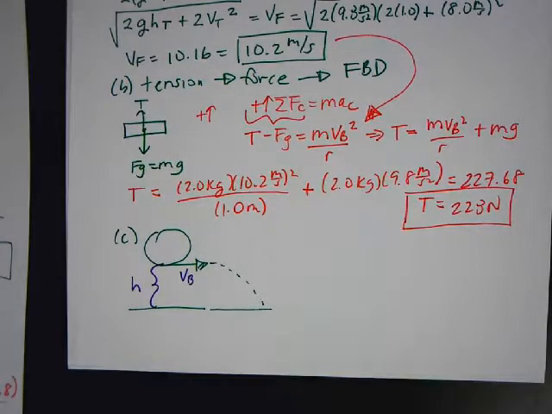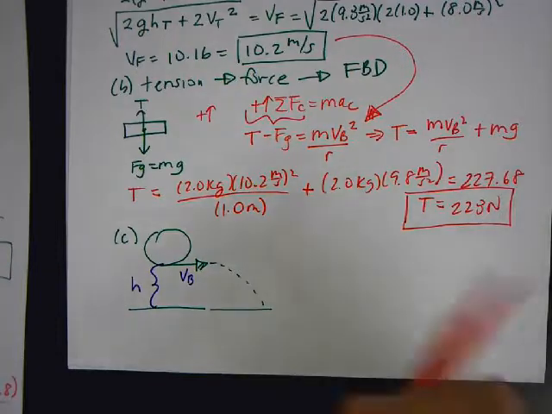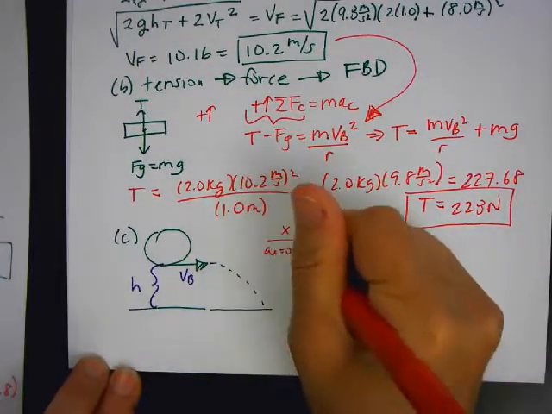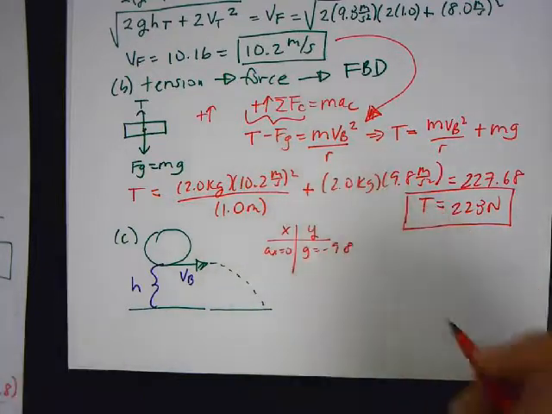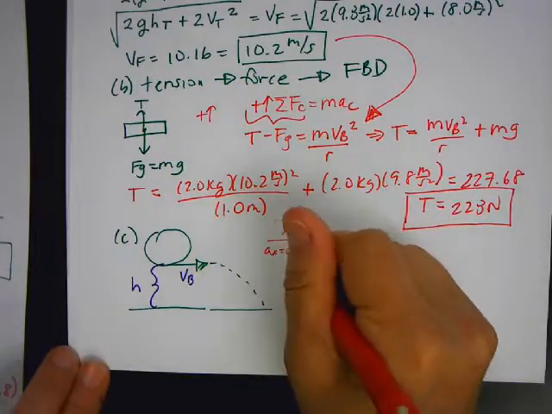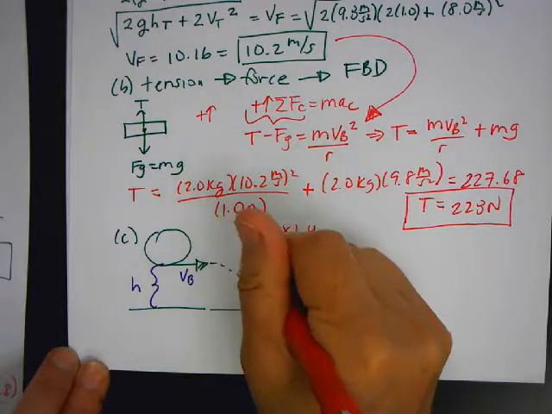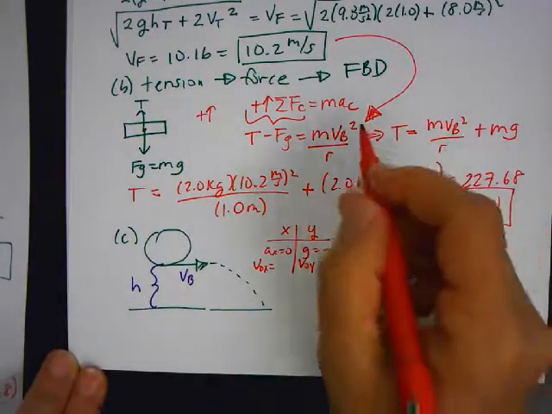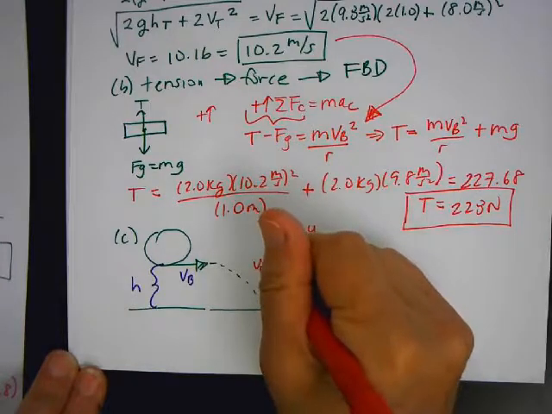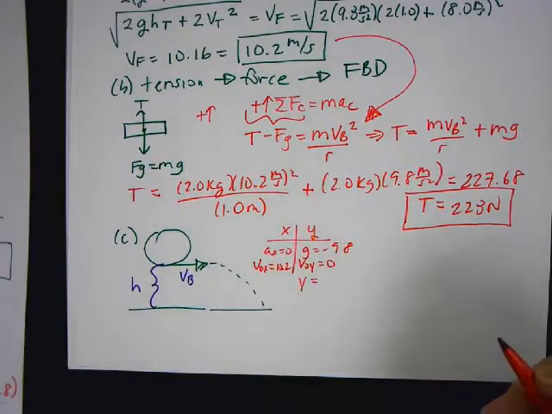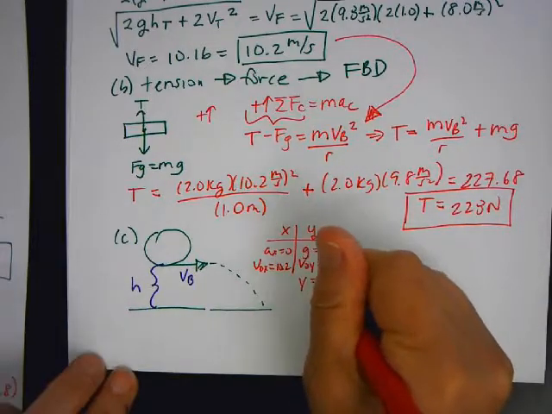So however you want to answer this, if you want to do your x and y given, ax is 0, g is negative 9.8. We know that v0y is 0, and v0x, it's all horizontal, we found in part A is 10.2. And then we know that this y, the height, is 2 meters.